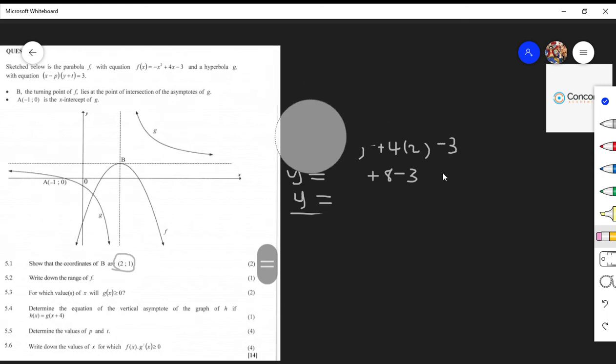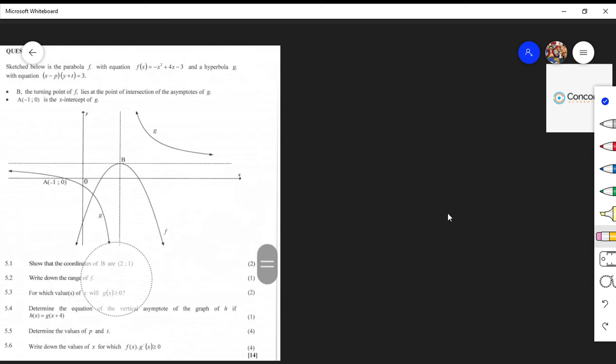So question 5.2 says write down the range of f. As you guys remember from my recap, the range of a quadratic function is y less than if a is less than 0, or y greater than if a is greater than 0.